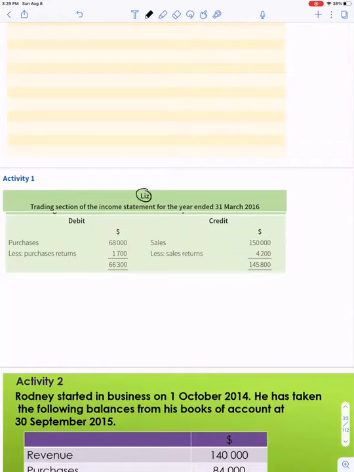Here, they have prepared the trading section in two parts. The debit, which has all the expenses, and the credits, which has your revenue. You know that the revenue less cost of sales would give you your gross profit.